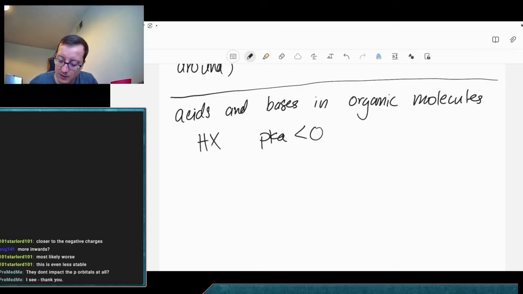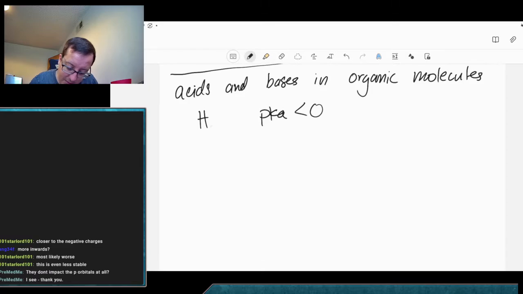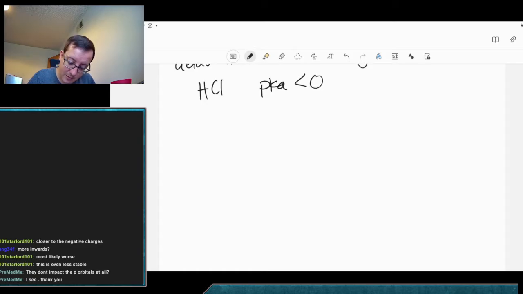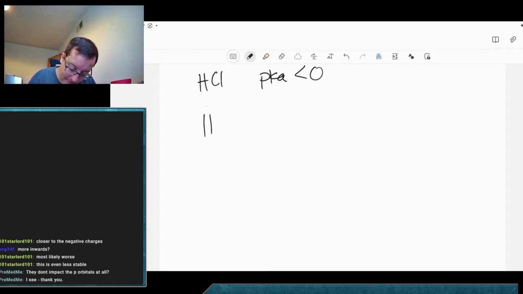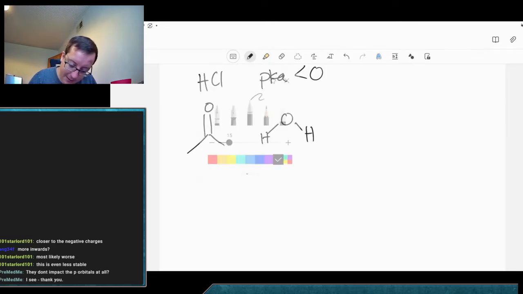Let's just say HCl, because I don't want to say HX because that could potentially include fluorine, and that's not one that would apply. We're going to see that there are other things that will also have pKa's below 0. I'm going to put our acidic H's in blue.